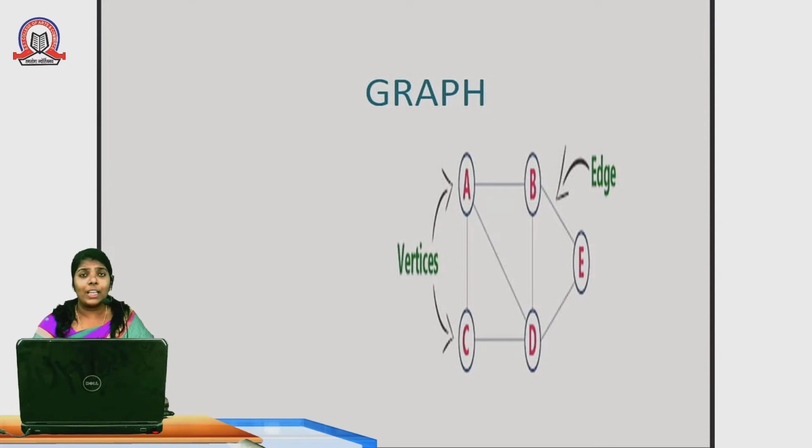Like this we will be representing the graph. Here you can see A, B, C, D, E, that is called vertices, and the edges A-B, B-E, D-E, C-D, A-C. In this diagram we have learned what is vertices and what is edges.